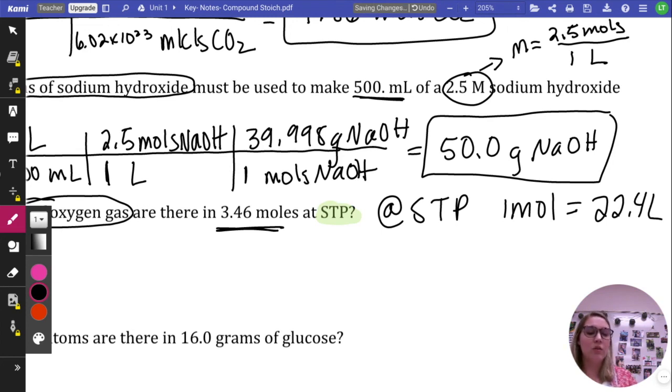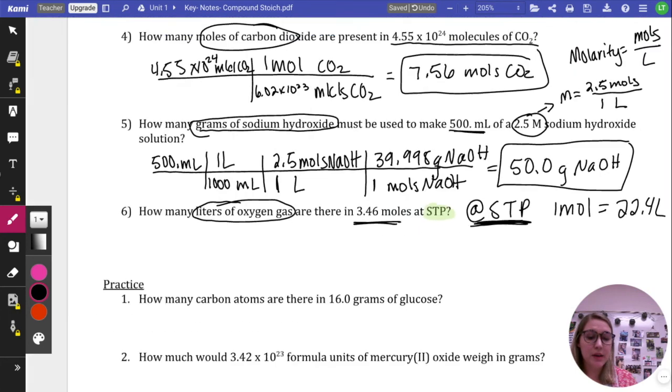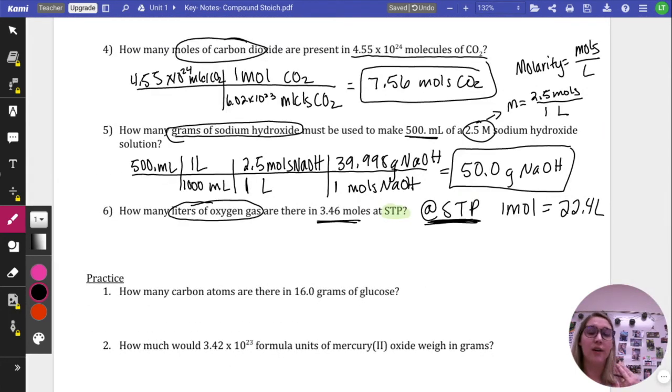Now, we can only use that conversion when we see that magic STP. And STP stands for standard temperature and pressure. Okay, so that means this conversion becomes really easy because I know that 1 mole is always going to be 22.4 liters because it's at STP.